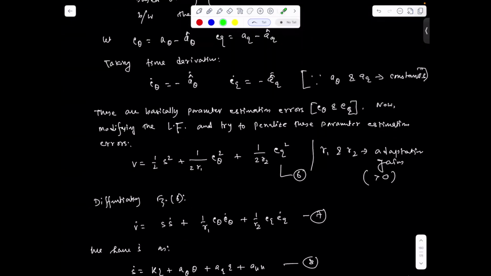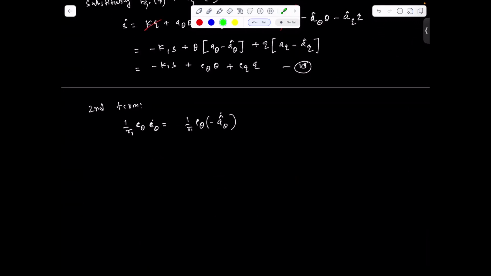This you already have found before. Similarly, we can find 1 upon R2 EQ EQ dot for the second term. Okay, for the third term, we can write this part.